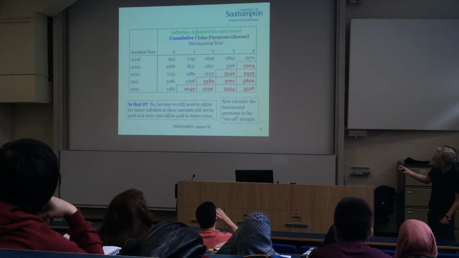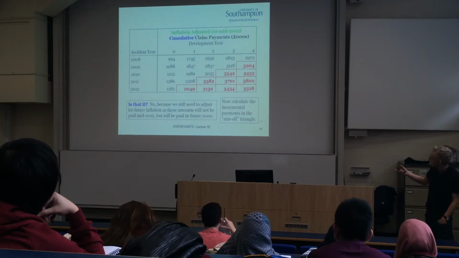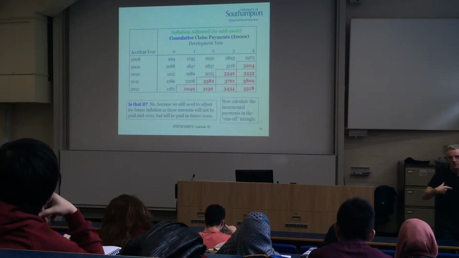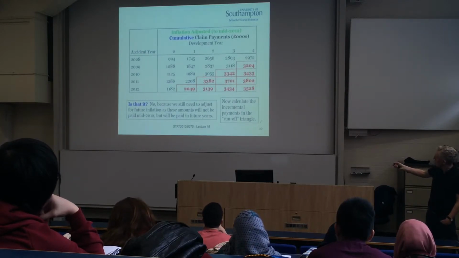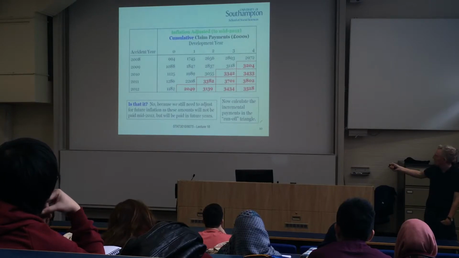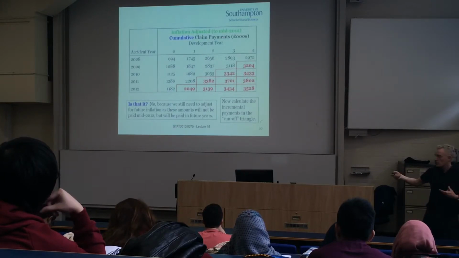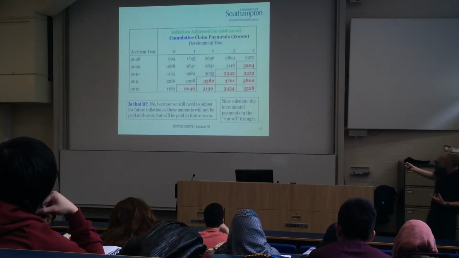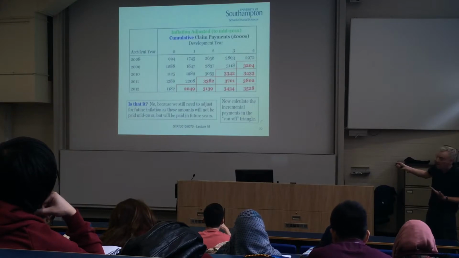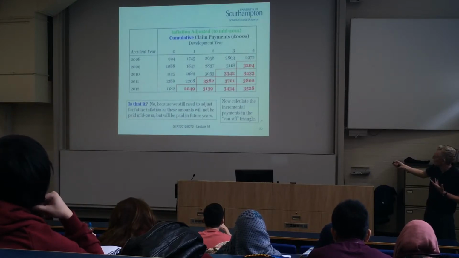This number here, 3204, is predicted cumulative payments that you would have made by the end of 2013 for accidents happening back in 2009. Well, we're still at the end of 2012. There will be some inflation, so we need to adjust part of this figure for future inflation.